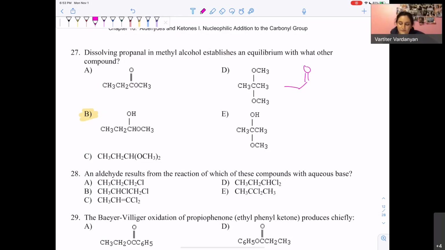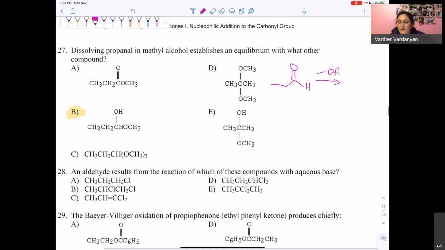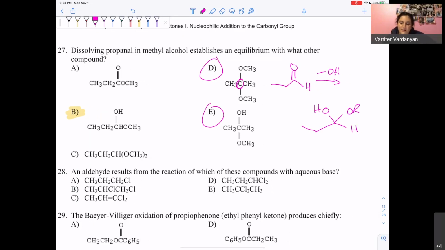Here we have methyl alcohol again, but there's no acid. So we're going to have one OH, one OR. And these two are just here to trick you because they use the carbon in the middle, not the one on the end. So both of those are wrong.